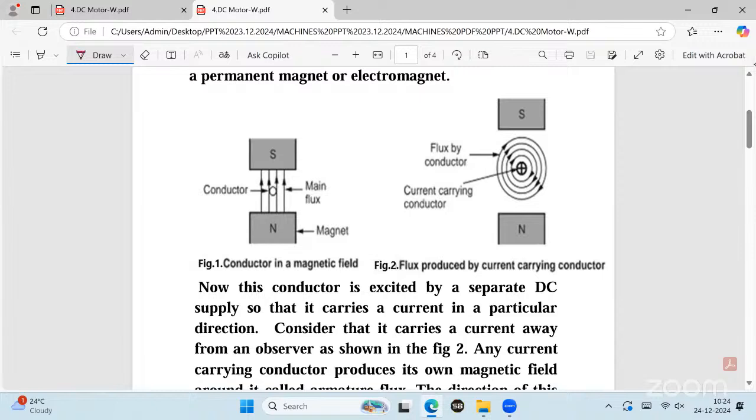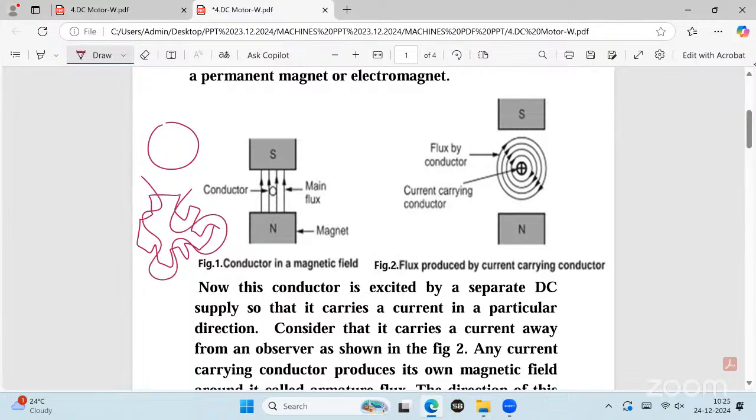Take a steel bar, cut into slots, then put the winding in the slots. Yesterday we discussed this one. Conductor is nothing but the armature.